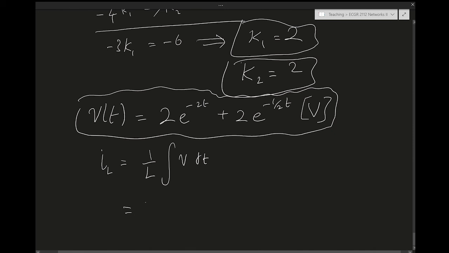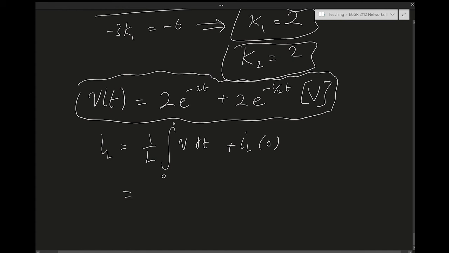Of course, you have to remember we have the initial condition plus IL 0. So this is from 0 to t, right? So we have to remember that. I think the book omitted that, right? So you have to be mindful that the inductor has an initial condition.